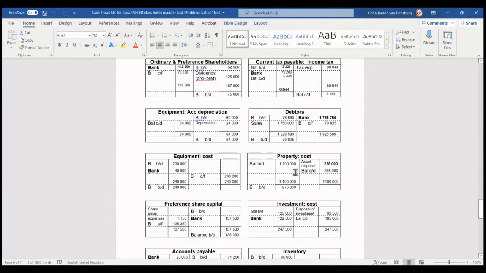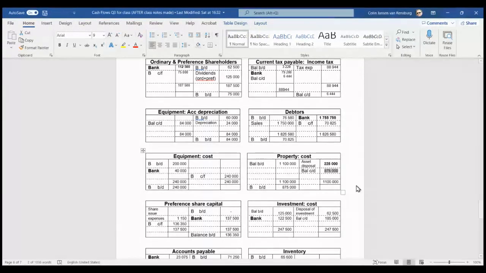But if you want to reconstruct it, which is always a good technique, you would have had an opening balance at the beginning of the year of 1,100,000 rands. You would have had an opening balance at the beginning of the following year of 875,000. And you remember our little rhyme from last week? We said, where does that opening balance in the next year come from? It comes from the opposite side above the line.